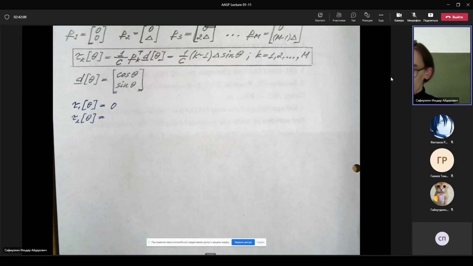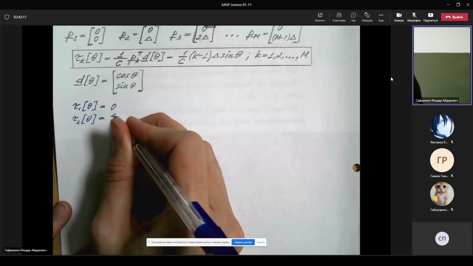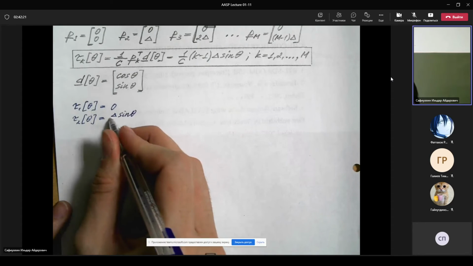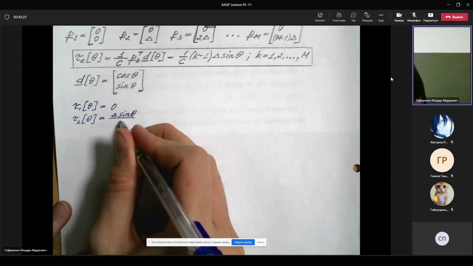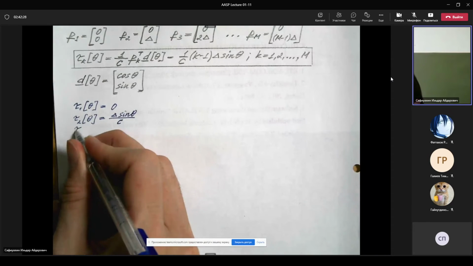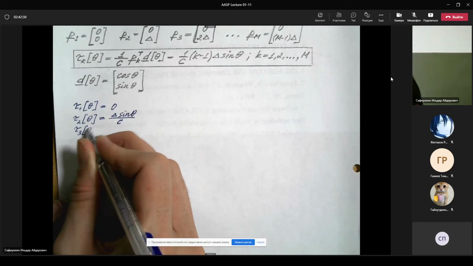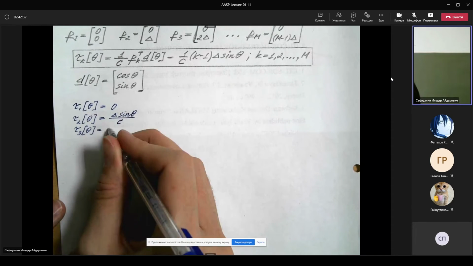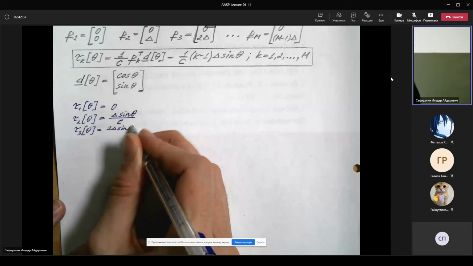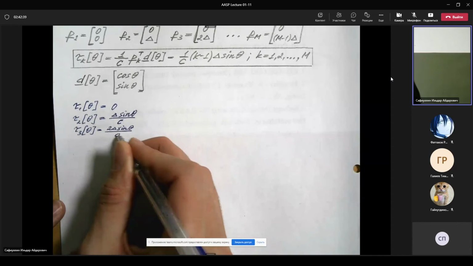For the first sensor, it is the reference point, so this time is equal to 0. For the second sensor, it is equal to delta times sine of theta divided by c. Then for the third sensor, it is 2 times delta times sine of theta divided by c.